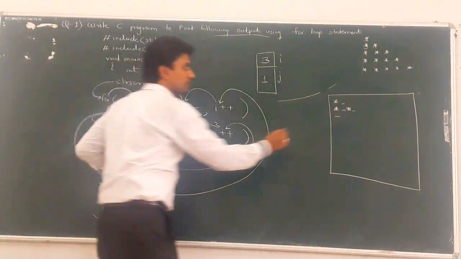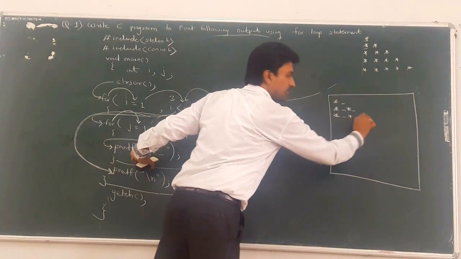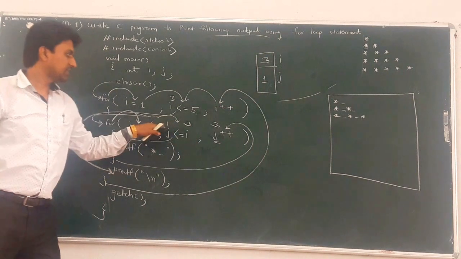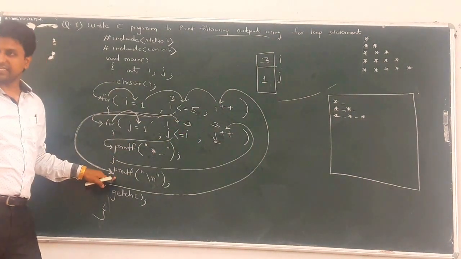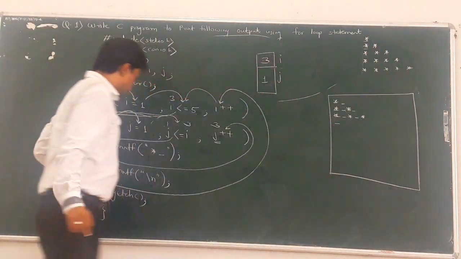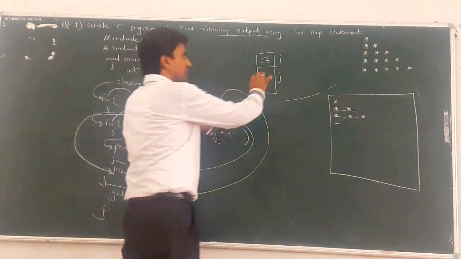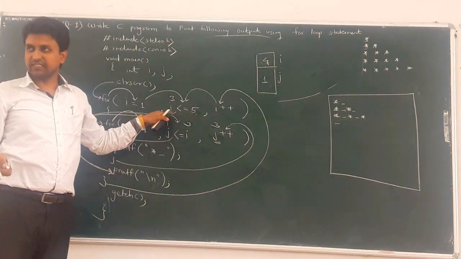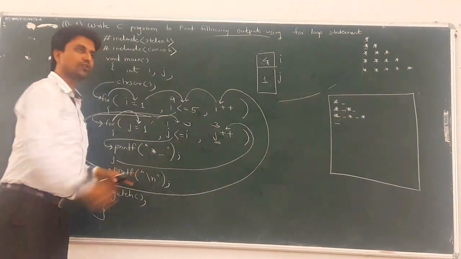So what is the expected output? Star space star space star space. After that in the inner for, when j's value becomes 4, then 4 less than or equal to 3, condition false, and the cursor goes to the next line, that is the printf statement. printf backslash n means the cursor goes to the next line. After that the same loop continues, i plus plus. So now what is the value of i? It becomes 4. So now the fourth row starts executing. 4 less than or equal to 5 means condition true.